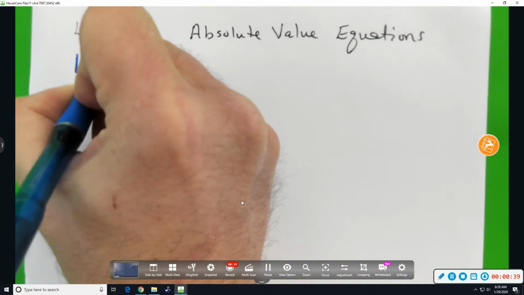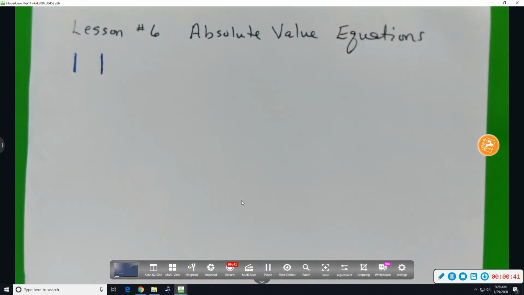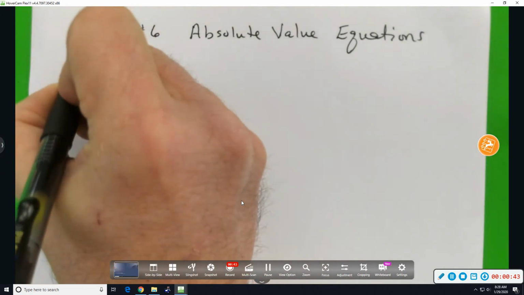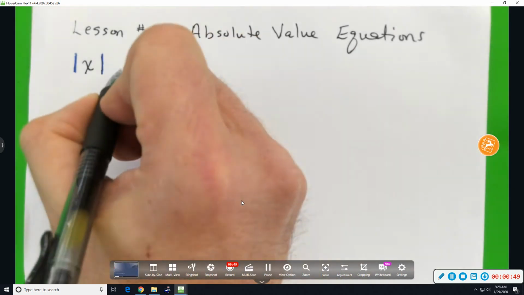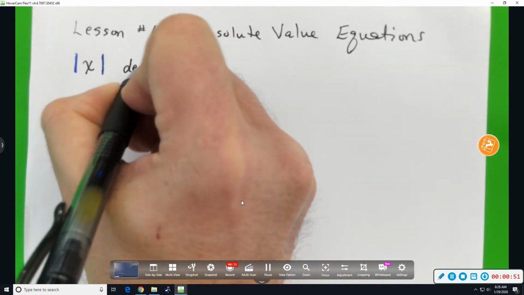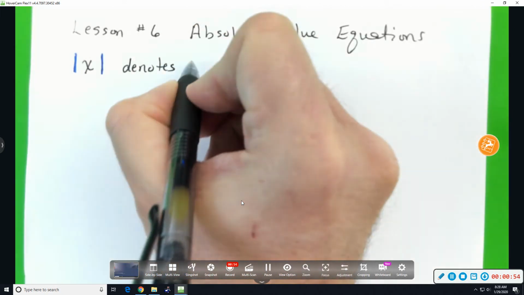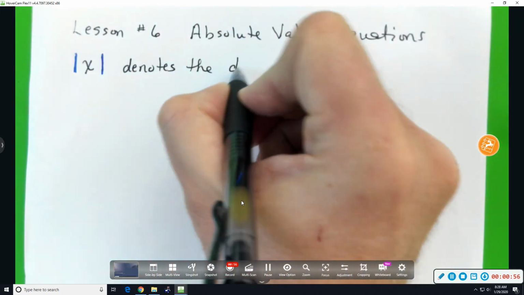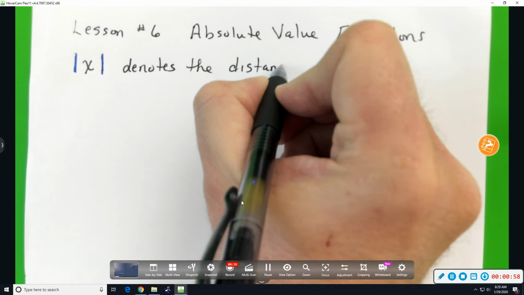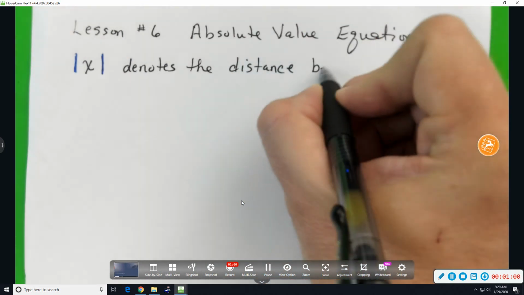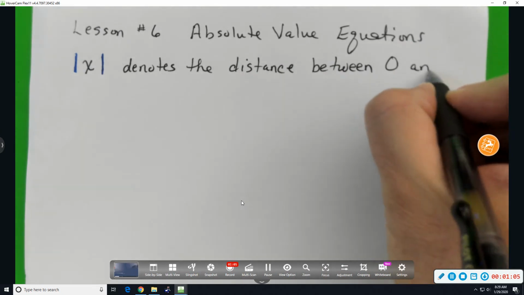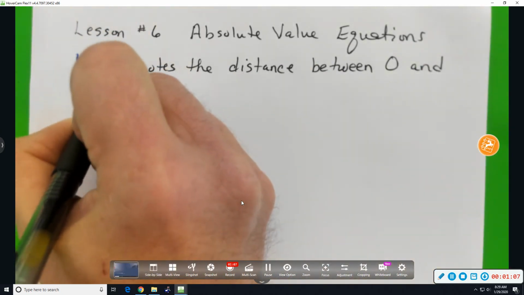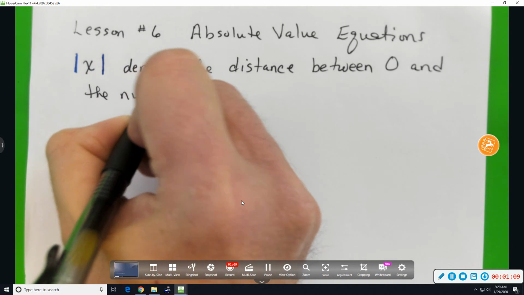These vertical bars here are read absolute value, and generally speaking, the absolute value of x denotes the distance between 0 and the number x on the number line.